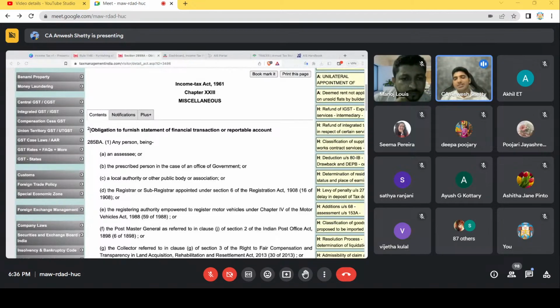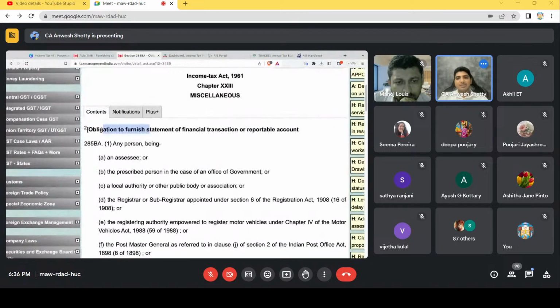I told you at the initial stage that you have to fill something called Form 61A. So should I be filling that Form 61A, or should you as teachers be filling it, or is it mandatory for the school to fill that SFT? There is this Section 285BA, where they speak of the obligation to furnish the statement of financial transactions.